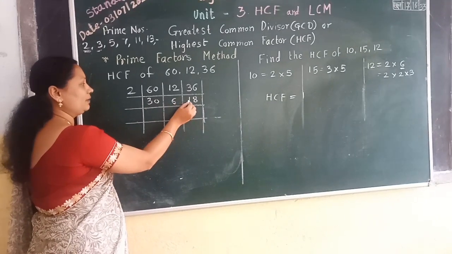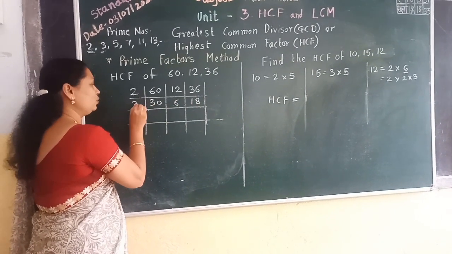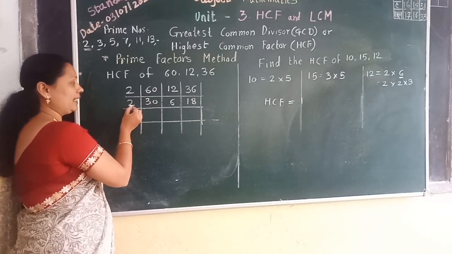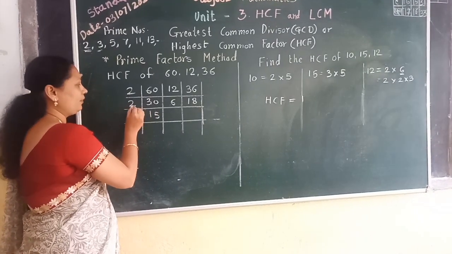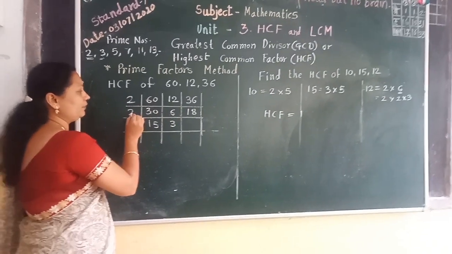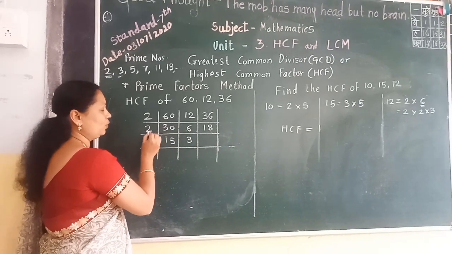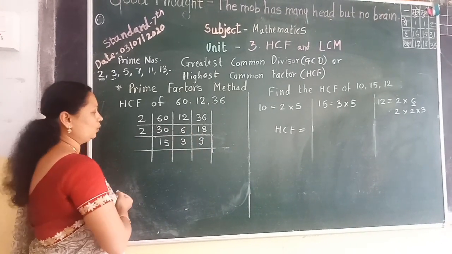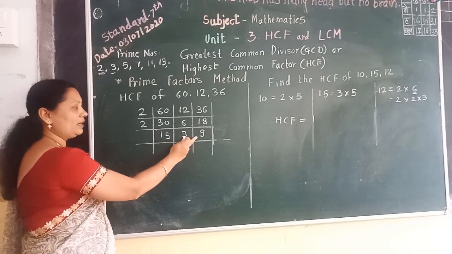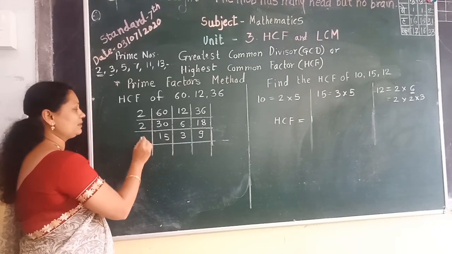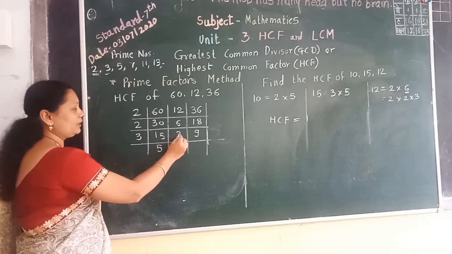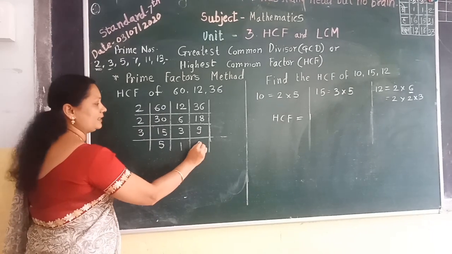Now these are also even numbers, so these numbers are divisible by 2. Again divide by 2. When we divide 30 by 2, we get answer 15. When we divide 6 by 2, we get answer 3. When we divide 18 by 2, we get answer 9. Now these numbers are divisible by 3, so divide these numbers by 3. 3 5s are 15, 3 1s are 3 and 3 3s are 9.